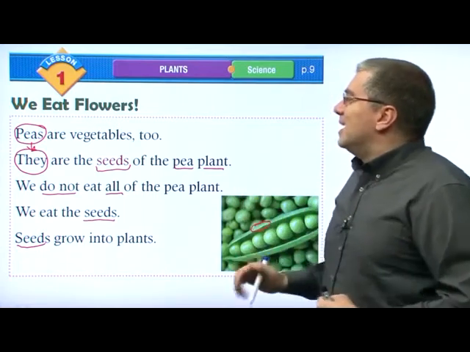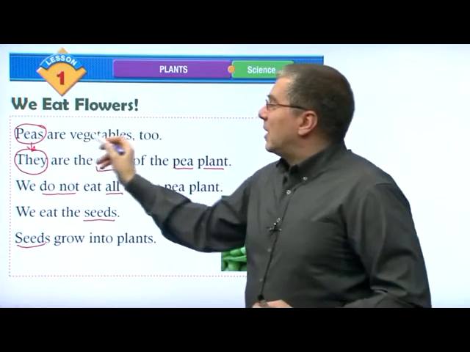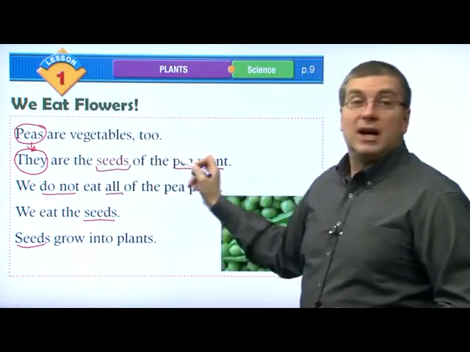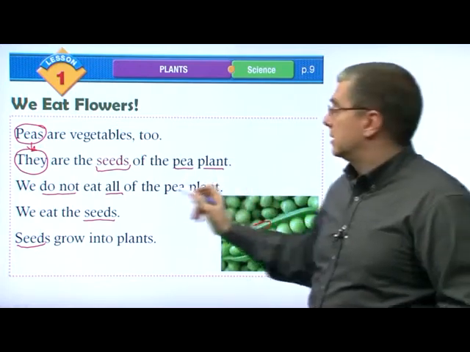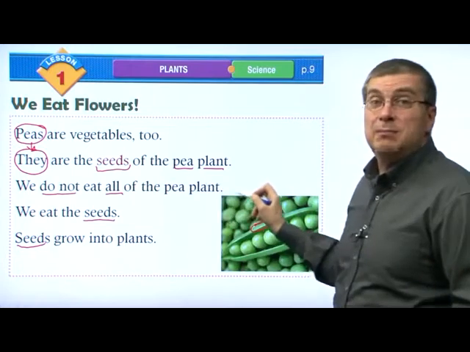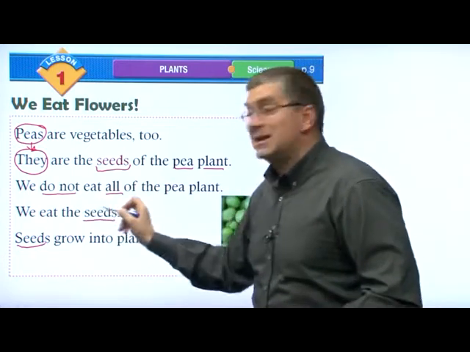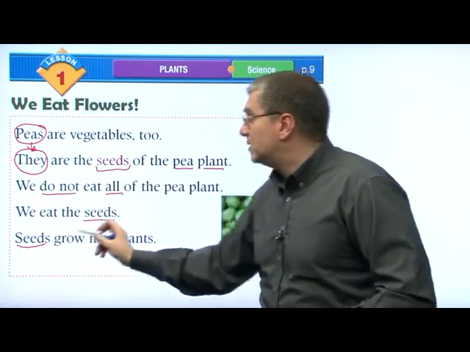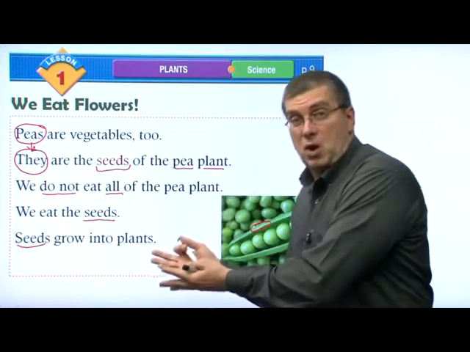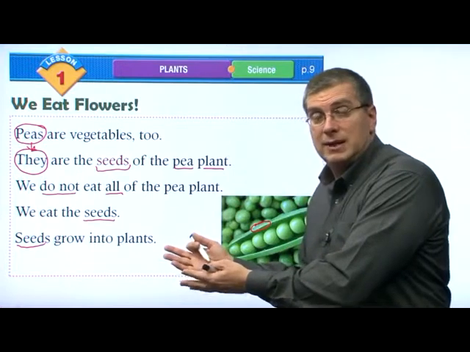Okay, so let's do one more time. Peas are vegetables too. They are the seeds of the pea plants. We do not eat all of the pea plant. We eat the seeds. Seeds grow into plants. So here's another part of the plant that we eat.